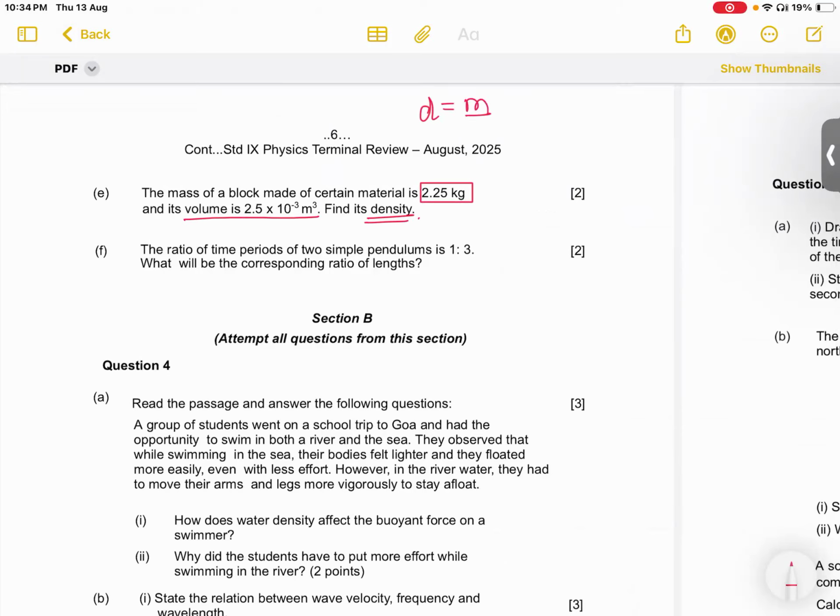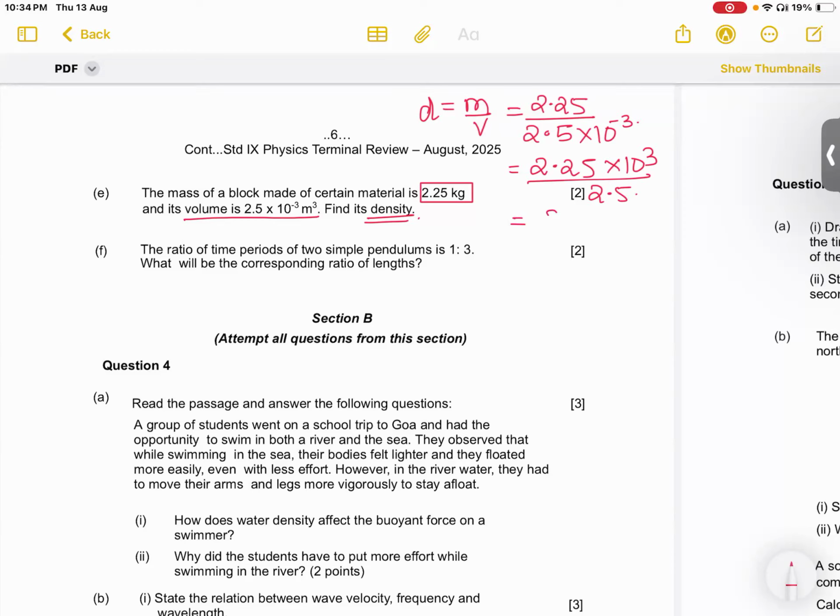Density is mass upon volume. So mass is 2.25. Volume given to me is 2.5 into 10 raised to minus 3. I shift this up. So this becomes 2.25 into 10 raised to plus 3 upon 2.5.